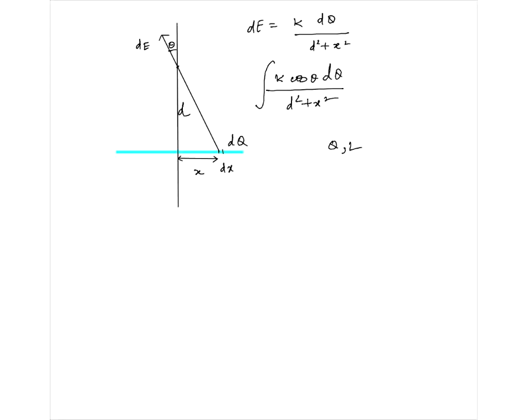In previous case, integration was very easy. Let's see how it is in this case. K is fixed, distance is fixed, but x is not. Okay, this is not going to be that easy, integration here. This is changing.